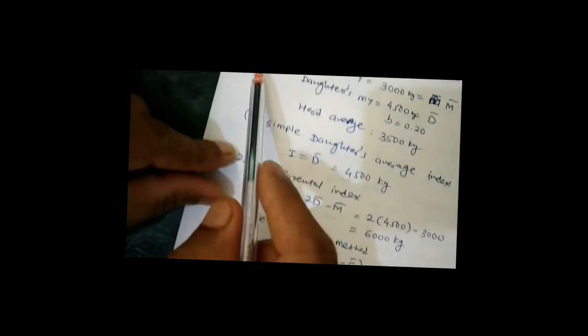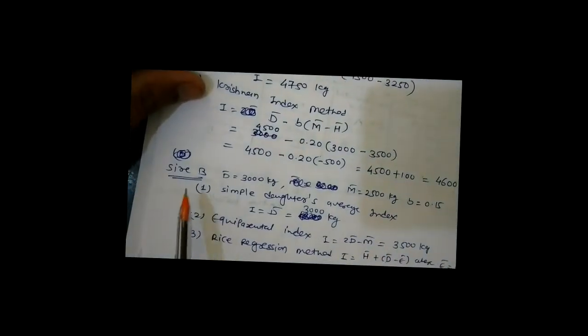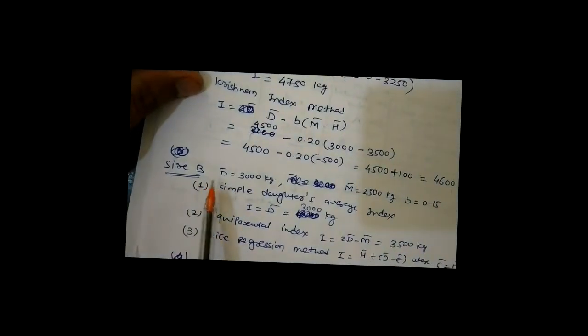If we solve that, it is 4600 kg. So these are all four methods: simple daughter average, equiparental, rice regression, and Krishnan index for sire A. Likewise, we can find out all index values for sire B.